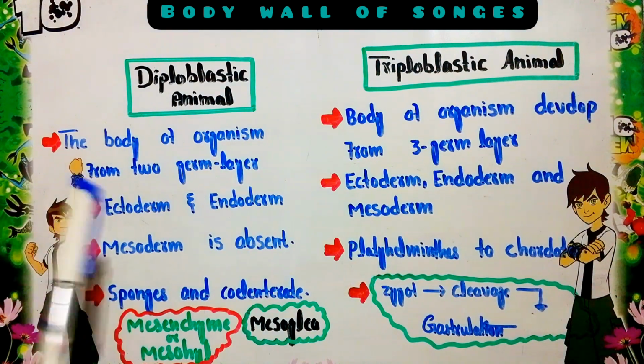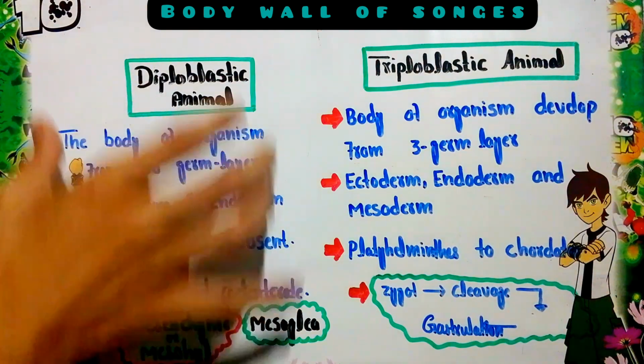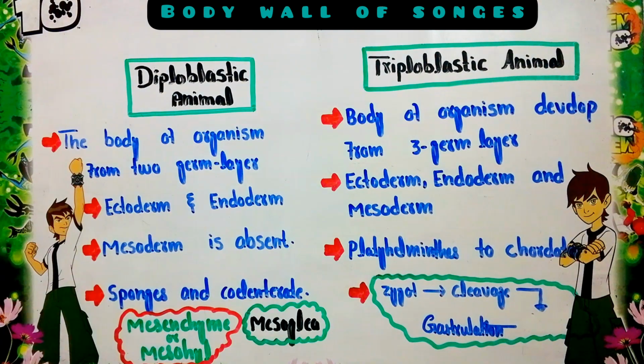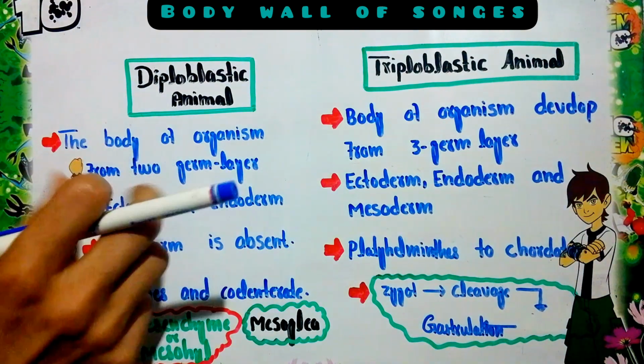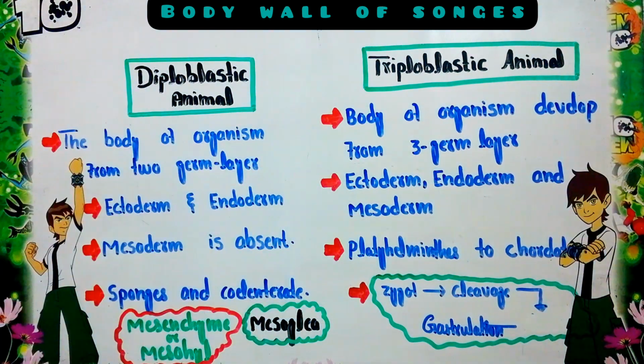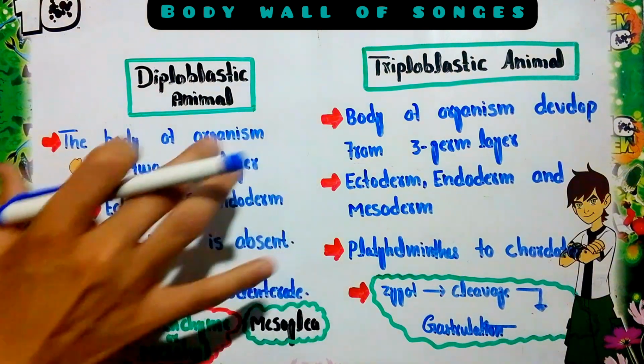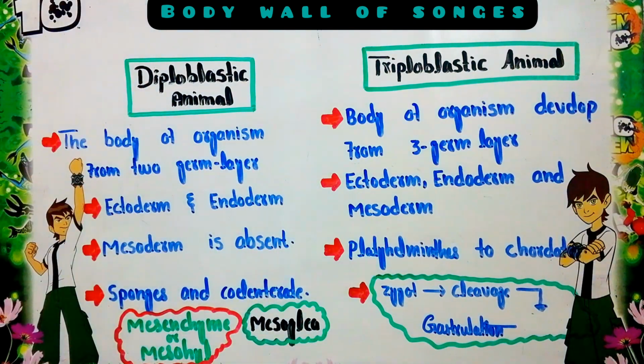Now look at what the two germ layers in diploblastic animals are. These are the ectoderm and, the second one, the endoderm. These two layers are responsible for forming the body of these animals.